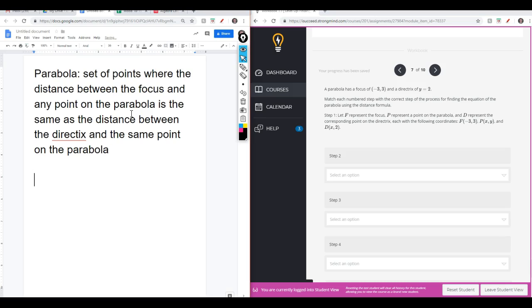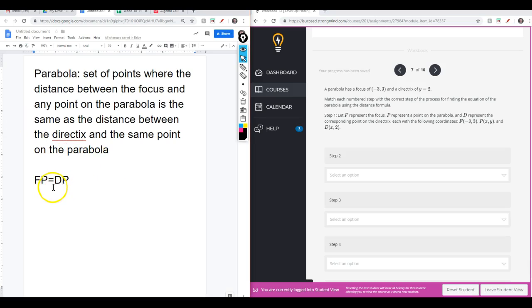So what that is basically saying is when you're finding the equation of a parabola, you want to find the distance of the focus to any point on the parabola, set that equal to the distance, remember it says same as, between the directrix and that same point on the parabola.